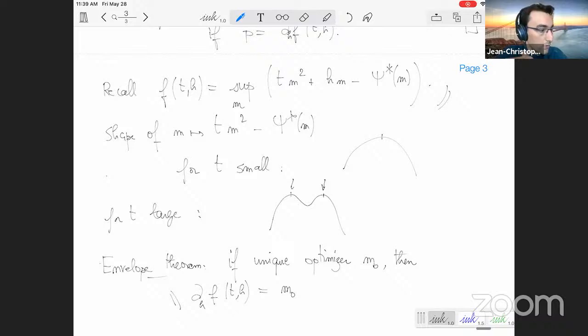You will explore more aspects of this formula, in particular justify the things I said: when t is small, there's only one optimizer, then it splits into two, and so on. That's the plan for the third problem set, so I'm not going to explain it too much here. Are there questions? Maybe it's a good time for a short break. Let's take a 10-minute break.